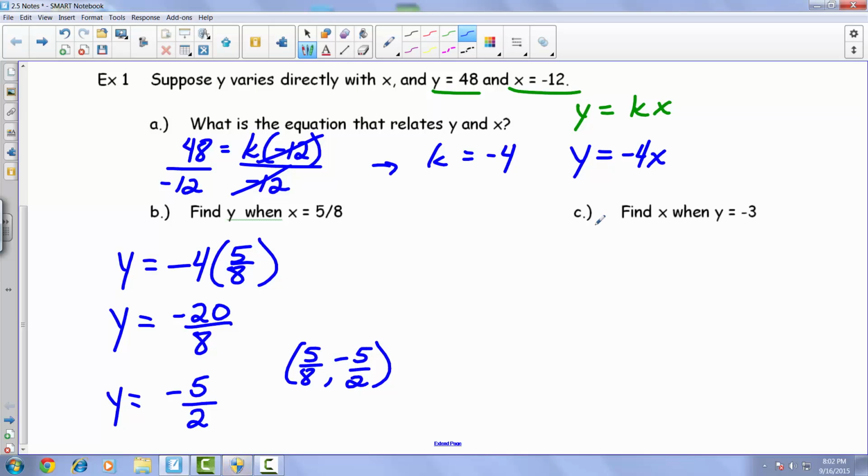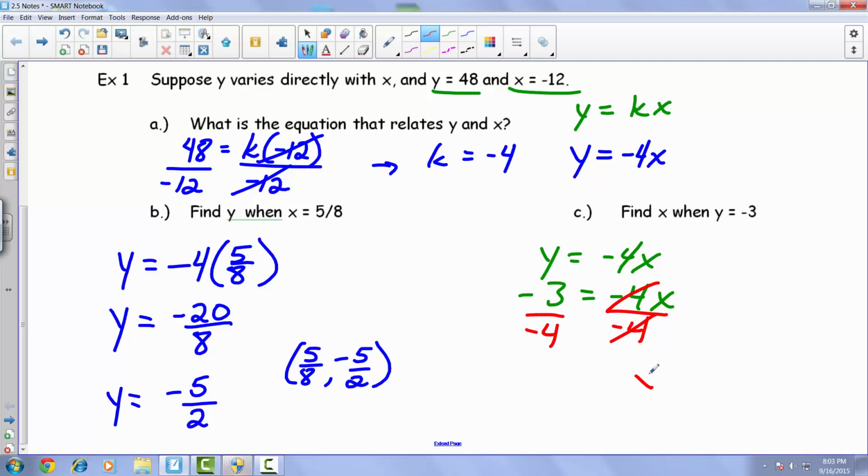Likewise, sometimes we're looking to determine what our x value is if we are given our y. So using the same exact equation, y equals negative 4x, well, we know what y is. It's negative 3 is equal to negative 4 times x. We have no idea what x is. That's what we're trying to locate. But we can very easily find it just by dividing by negative 4 on both sides.